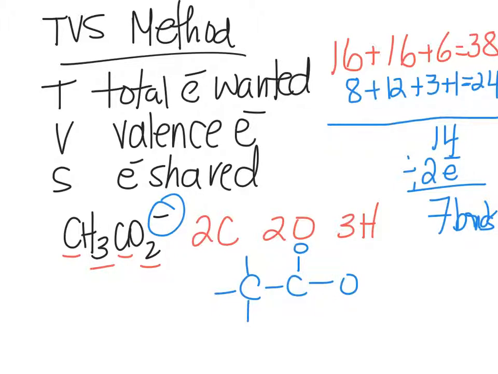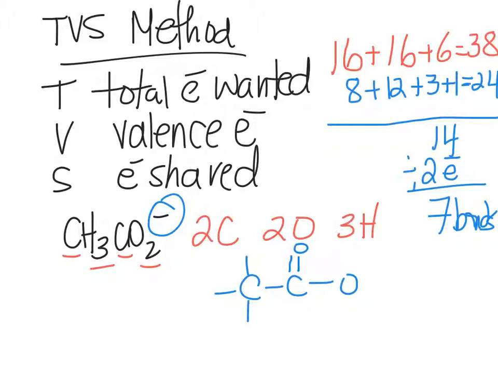We know there's another one. The only way there can be another one is if there's a double bond. The first carbon can't have the double bond because it's bonded already 4 times. So the second carbon has to have the double bond. Now it is bonded 4 times. So now we've placed 7 bonds for a total of 14 electrons.